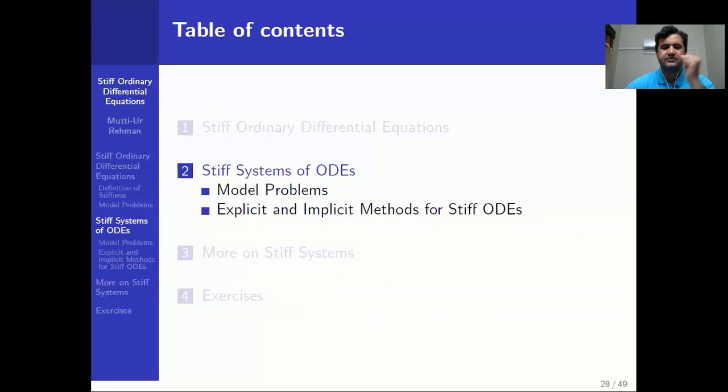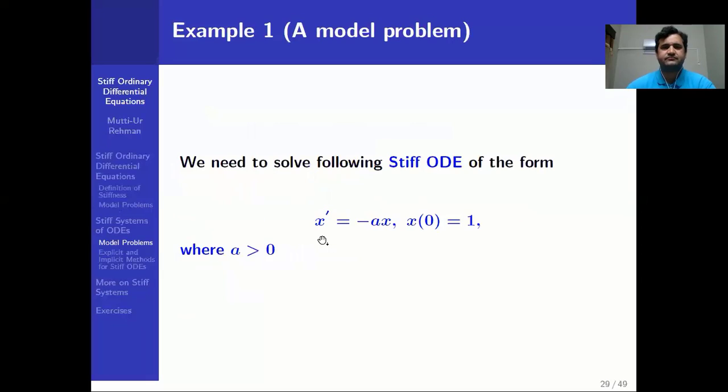Okay, good. Now we move towards the system of stiff ordinary differential equations. Okay, so I take a very simple situation. I consider this system where this parameter is itself a positive parameter, and I have this initial condition.